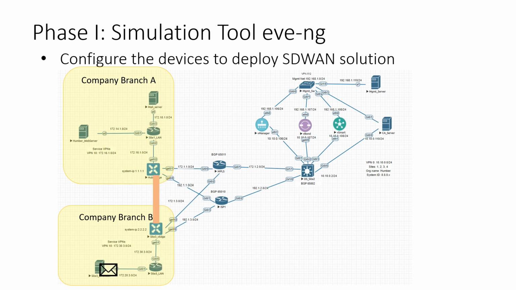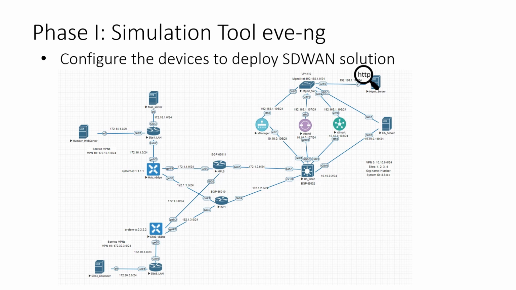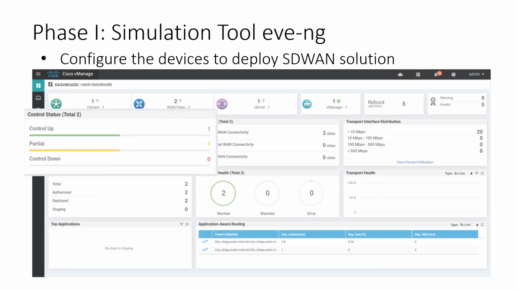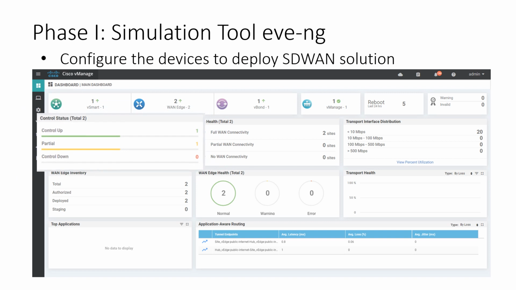Second, we can use a browser in the management server here to browse the GUI of vManage. We can centrally control and manage all the vEdges. This is the control status of the vEdges.